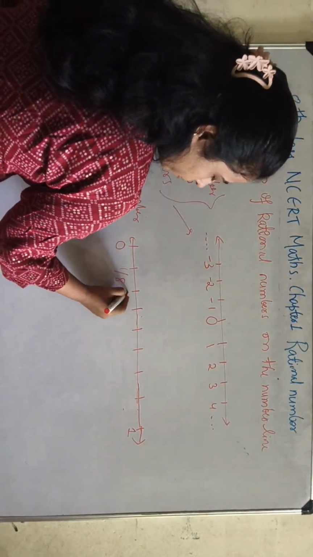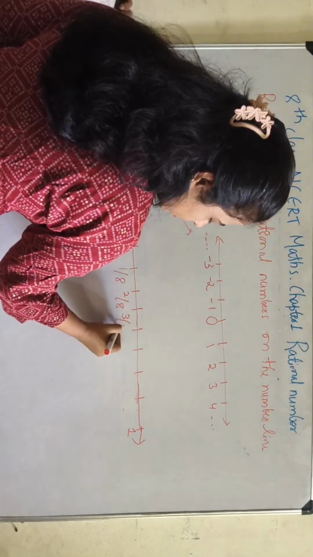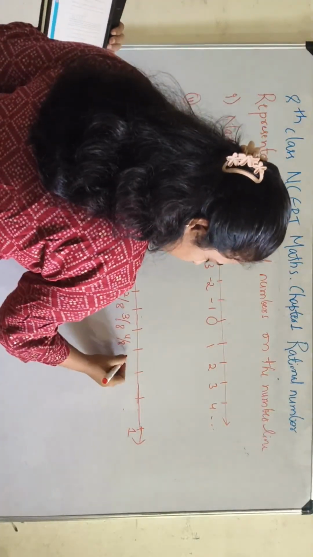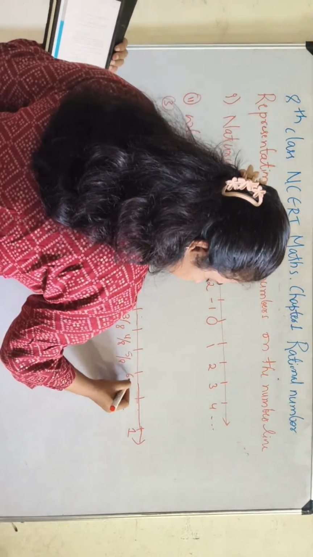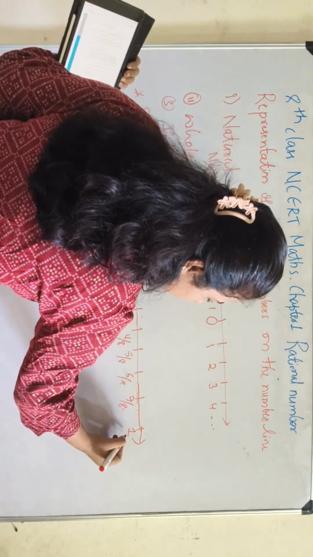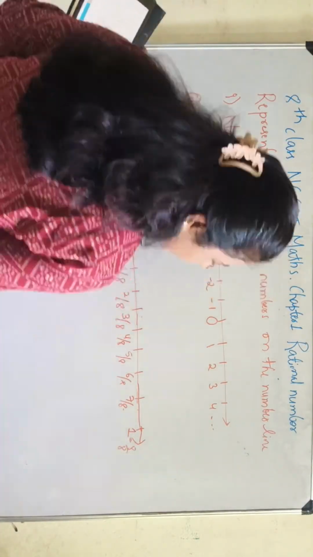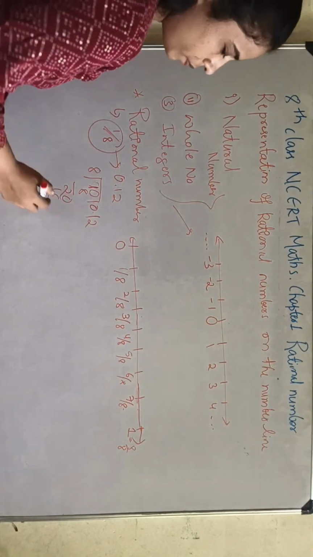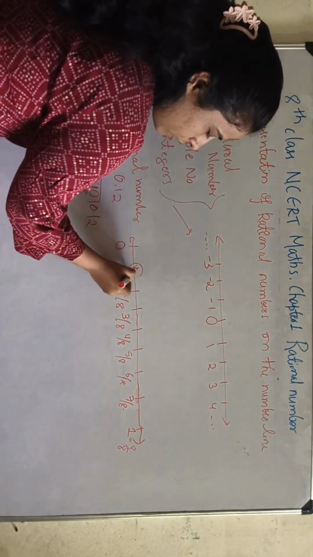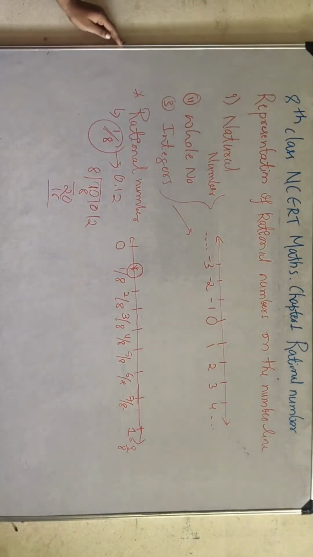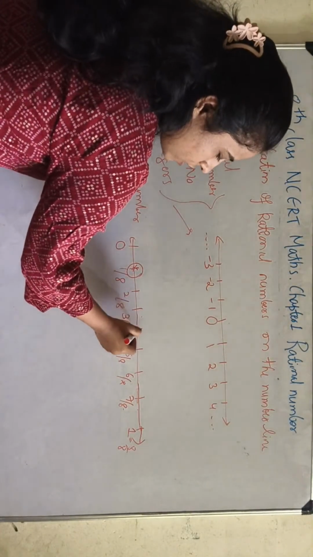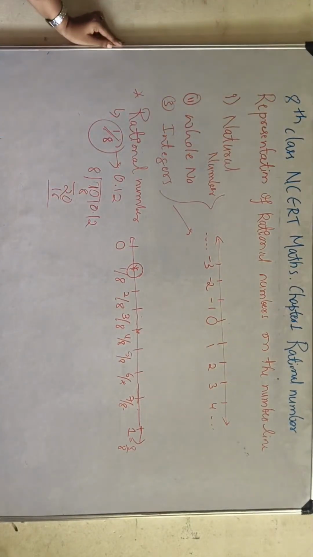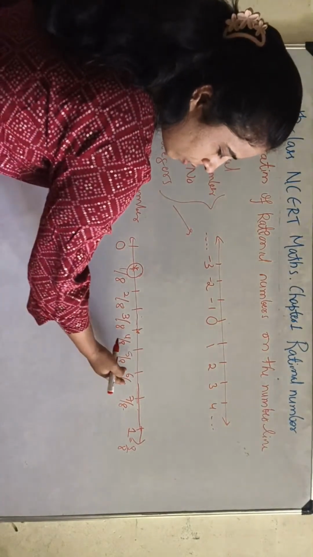Then you have to represent 1 by 8, 2 by 8. This is 3 by 8, 4 by 8, and this is 5 by 8, 6 by 8, 7 by 8. This is equal to 8 by 8. 8 by 8 is what? 8 by 8 is 1 only, no? Okay. So the 1 by 8 is where? This is here. If they ask you 1 by 2, 1 by 2 is here, right? 4 by 8 is what? 1 by 2. Of the remaining fractions, 6 by 8 is here.